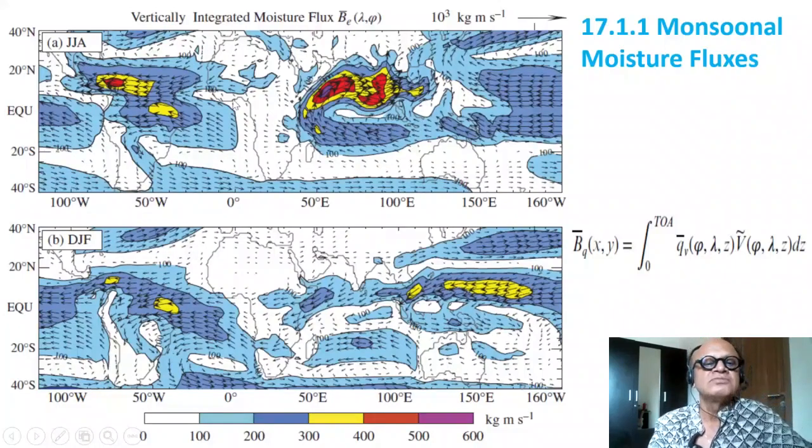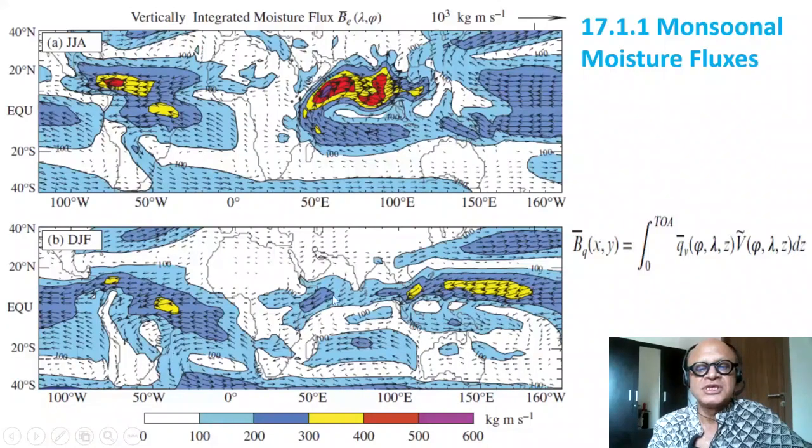And of course there are contrasts. The flux over the West African region is not as strong as over here, as we have talked about in terms of the easterly jet and the relations to the meridional circulation over here, etc. So these are obviously monsoonal circulations in terms of their land to ocean feature and the seasonal changes, but they are not as dramatic as the South Asian monsoons.